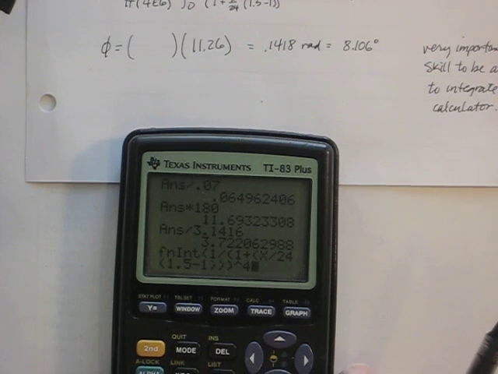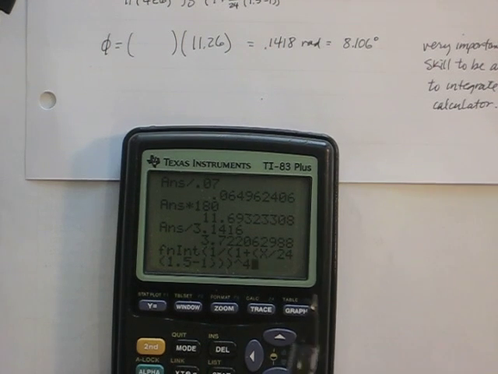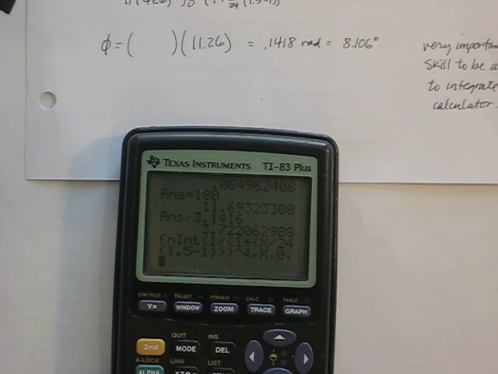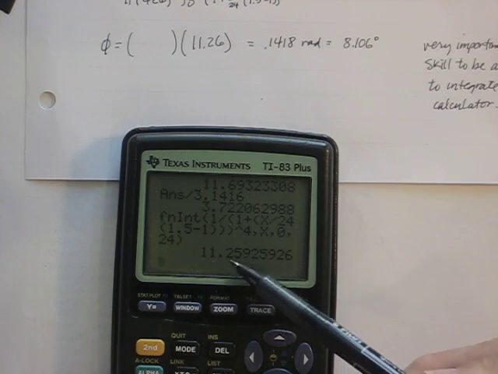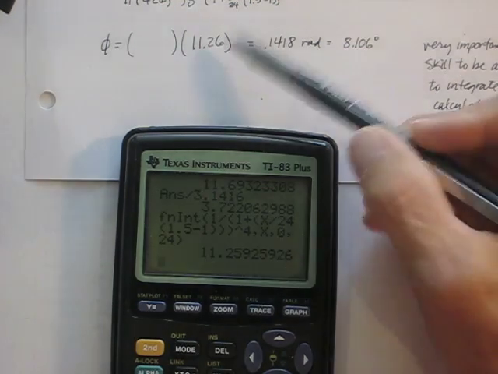All right, so now I need to put my limits of integration. I'm going to integrate it in x, from 0 to 24. And then I want to close the parenthesis again, and we'll see what happens. Boom. Hey, made it. 11.259, and that's what I had up here, 11.26.